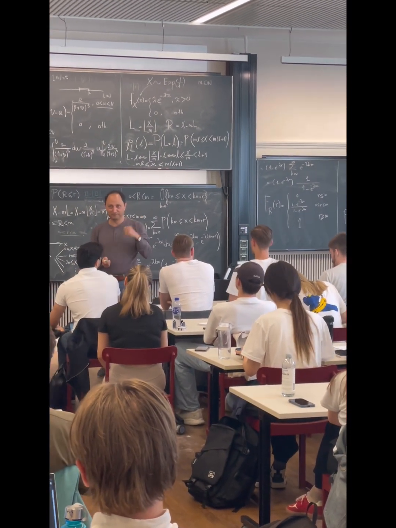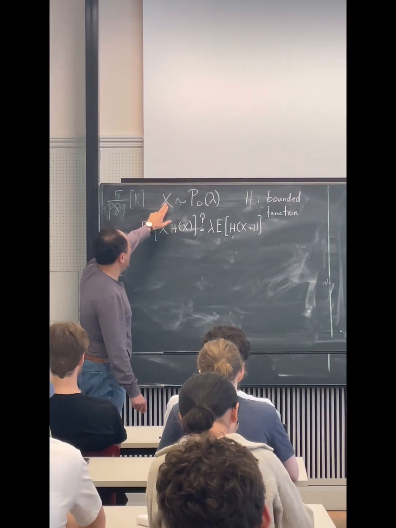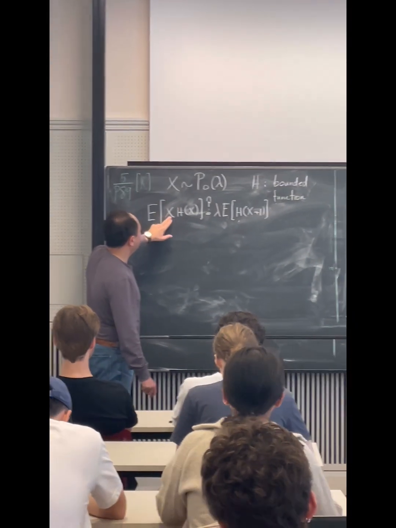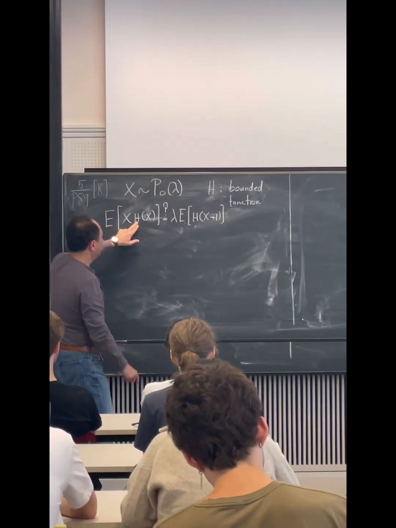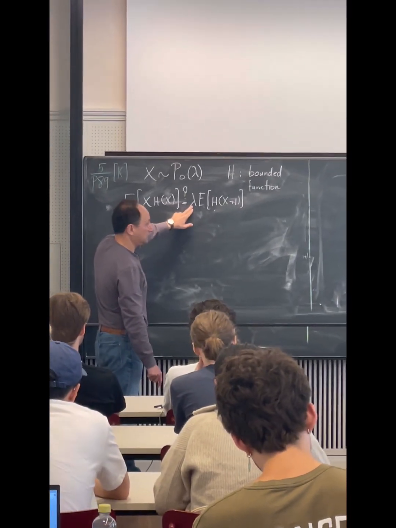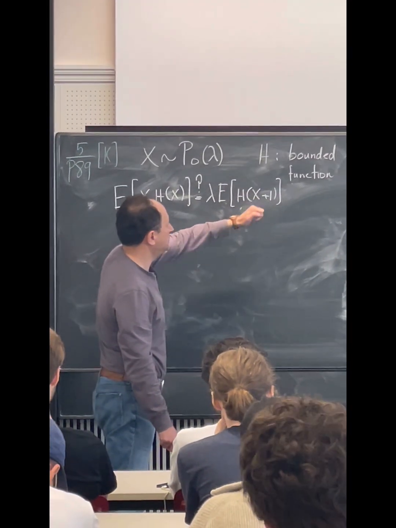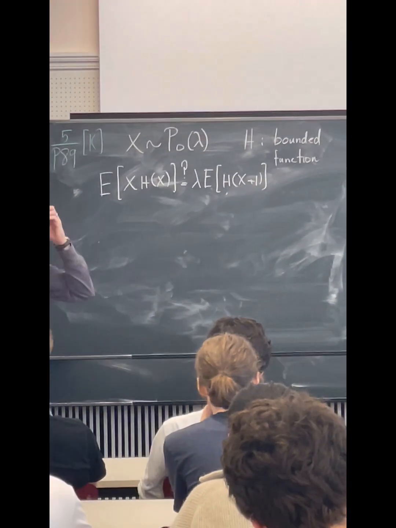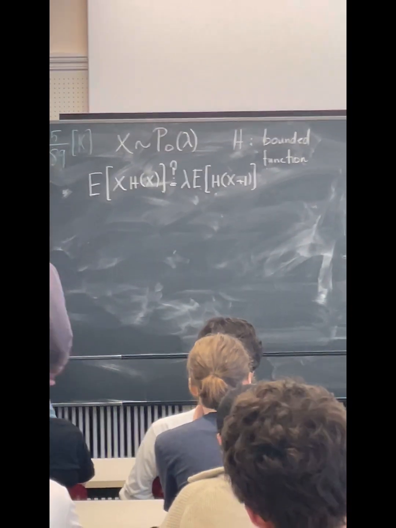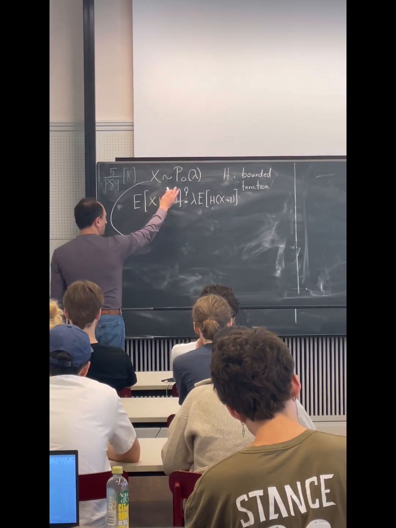Five minutes, okay? We want to show that the expectation value of multiplying this random variable by a function of that random variable h becomes equal to lambda times the expectation value of h, but calculated at one unit more. Very simple. Okay, so this translation, you need to go to the back of the book, but Poisson is also famous.